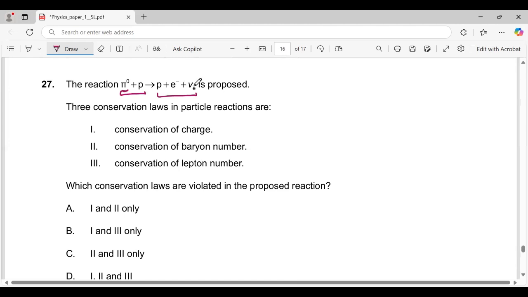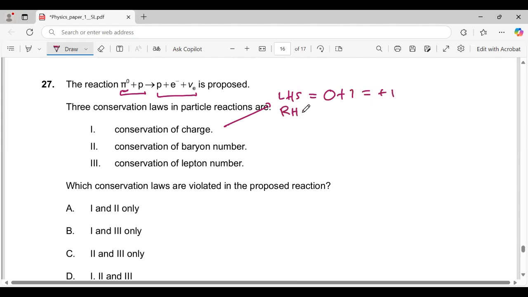For conservation of charge, the left hand side has total charge zero plus one, which is plus one.